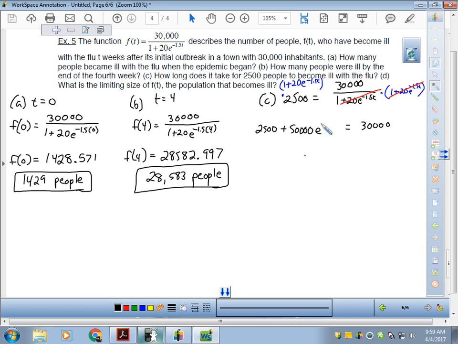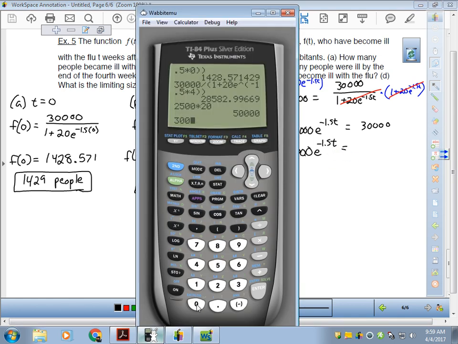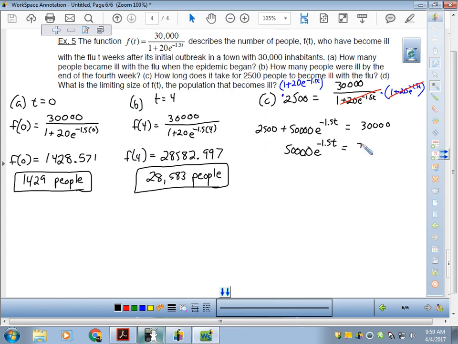And then that has an e to the negative 1.5t attached. Then we take this and we subtract it, so we have 50,000 e to the negative 1.5t equals, let's see, 30,000 minus 2,500 is 27,500. Then we would divide the 50,000 across.